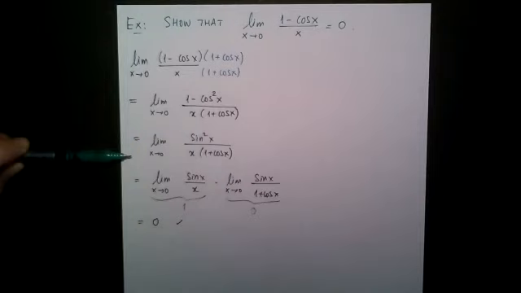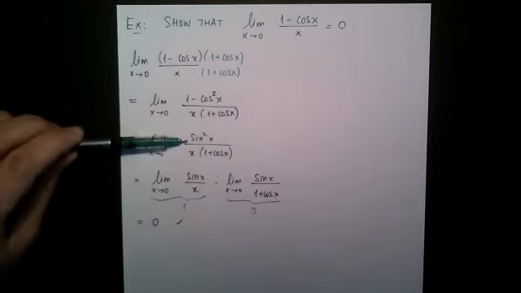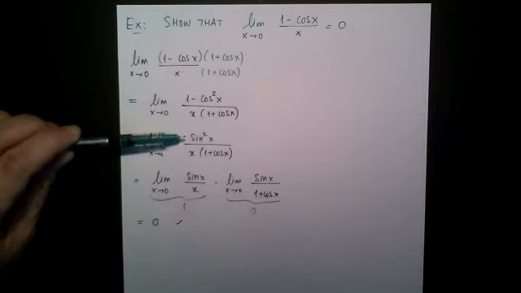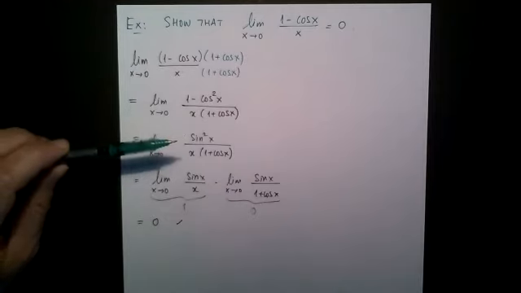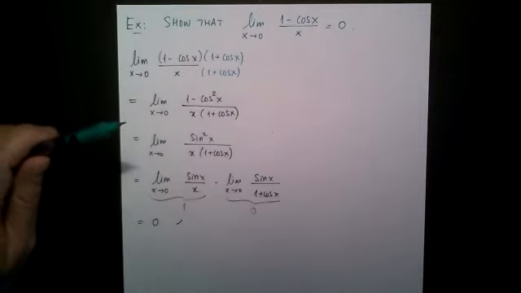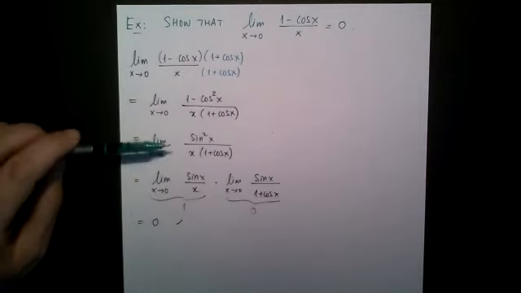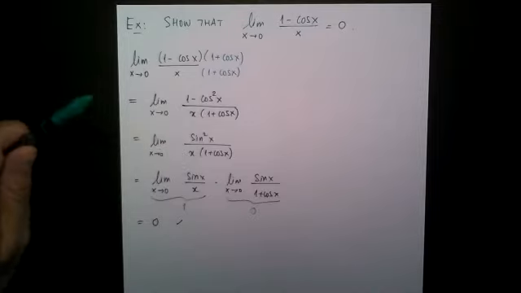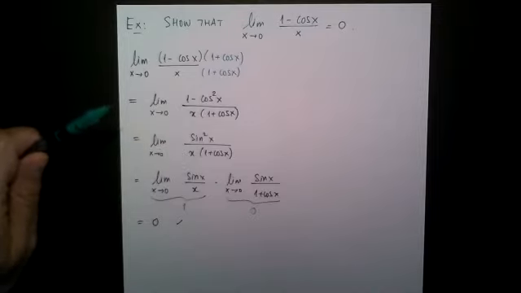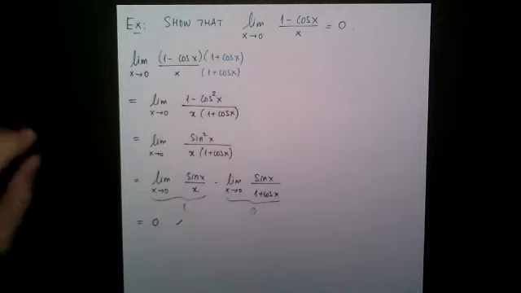I don't understand. Instead of writing this, you wrote 1 minus cos squared times 1 plus cos squared? No, that's not good, because 1 minus cos squared times 1 plus cos squared is 1 minus cos to the 4th. Okay, yeah, okay. Right? Yeah. Okay, thank you.